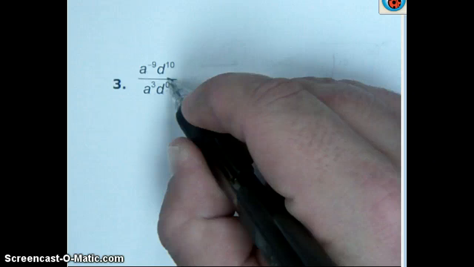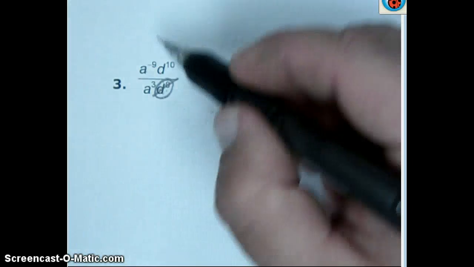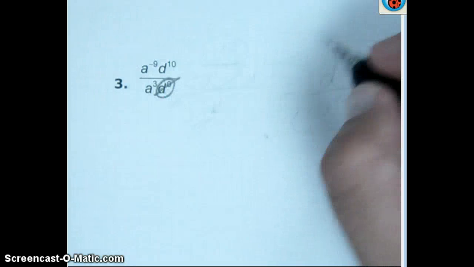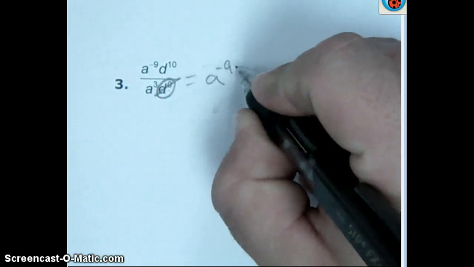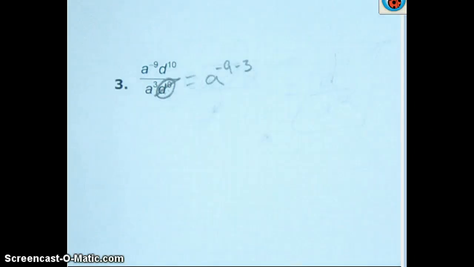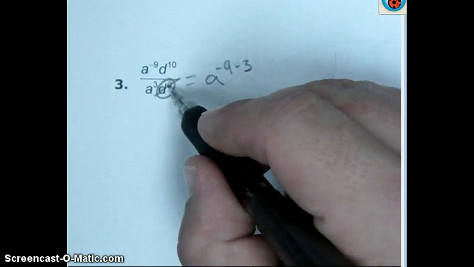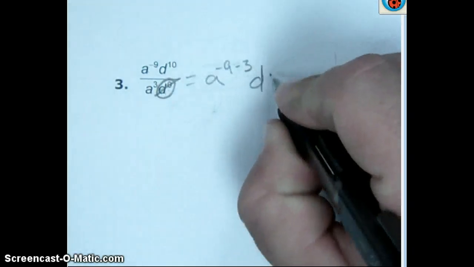Remember, anytime you see a 0 exponent, it can cancel out. Get rid of it so you don't have to mess with it anymore. So I notice that I have a to the negative 9 over a to the 3. That's really a to the negative 9 minus 3. And then I had d to the 10 over d to the 0, but that d to the 0 canceled out. So really all I have left is d to the 10.